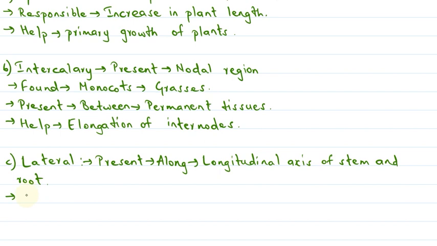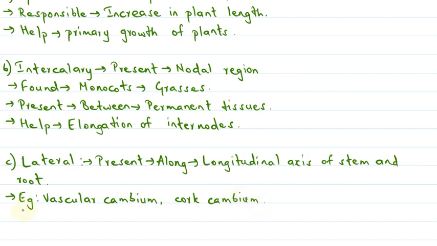Examples of lateral meristem include vascular cambium and the cork cambium.